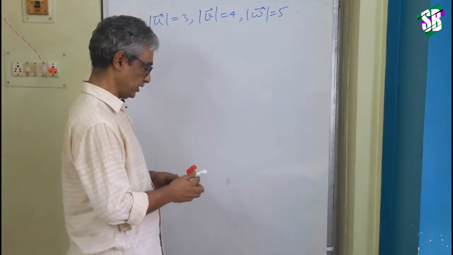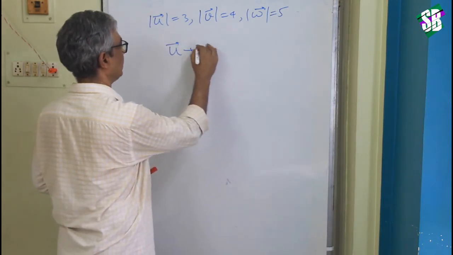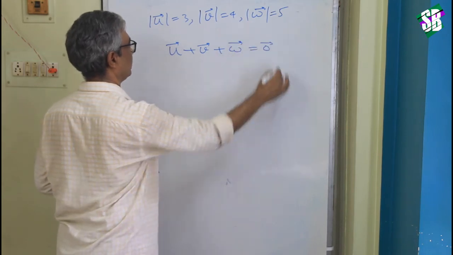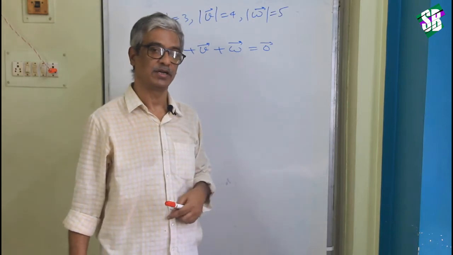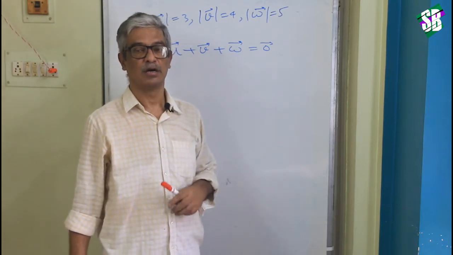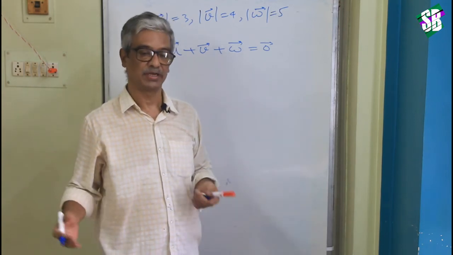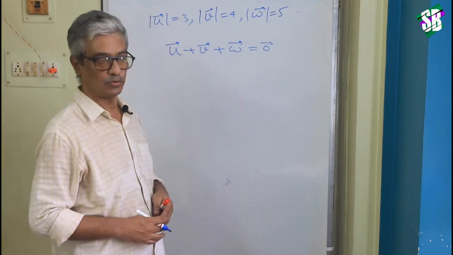One condition is u vector plus v vector plus w vector equal to 0 vector, and also the modulus of u vector, v vector and w vector are given. You have to find u vector dot v vector plus v vector dot w vector plus w vector dot u vector.